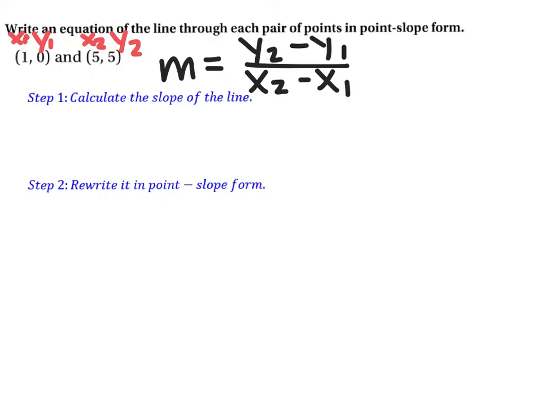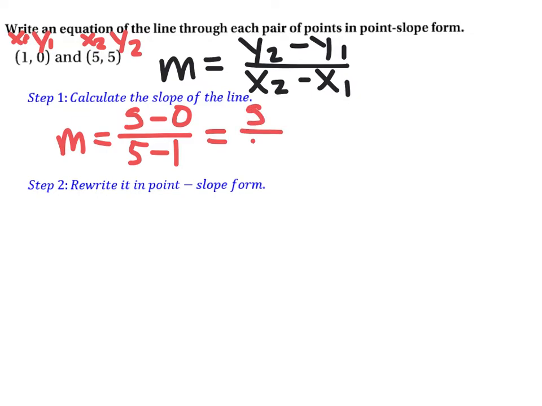So if I do that, I have my slope is 5 minus 0 over 5 minus 1. If I simplify, I'm going to have 5/4, and that's my slope of the equation.